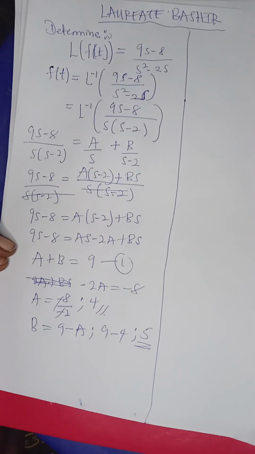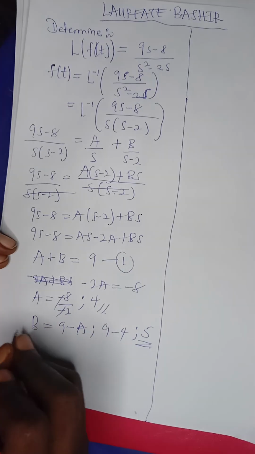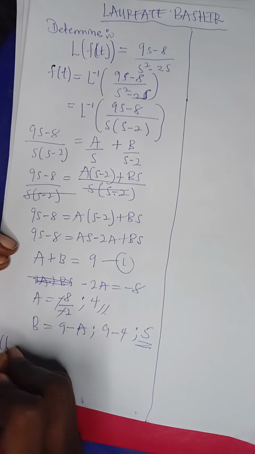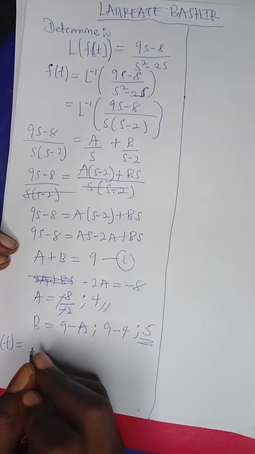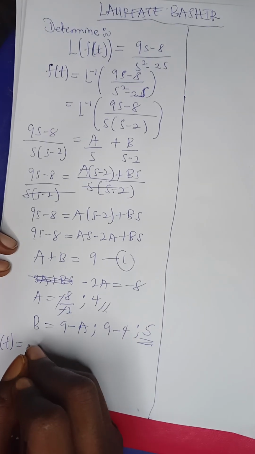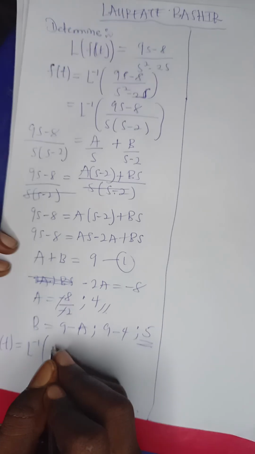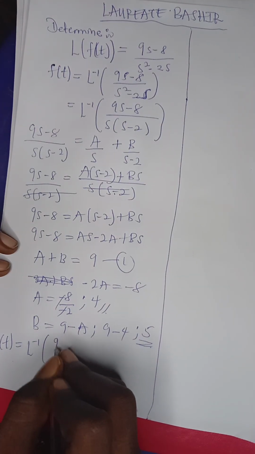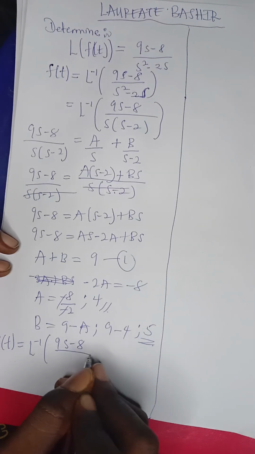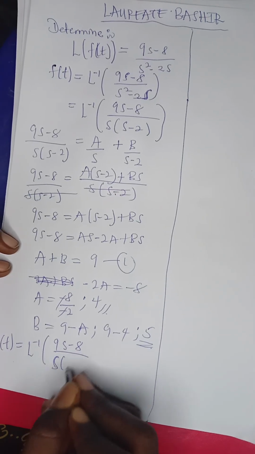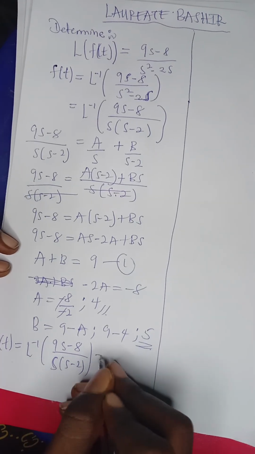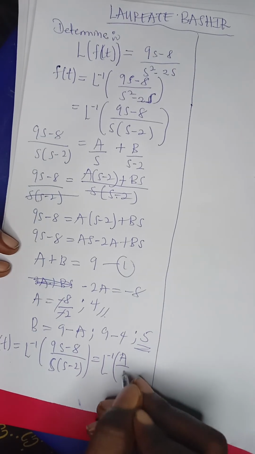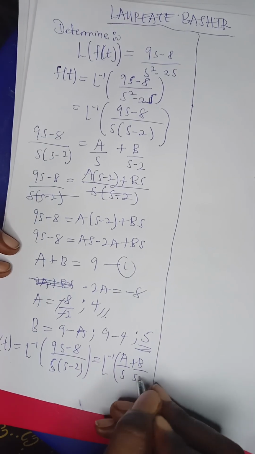Now go back to your expression. So f of t is now equal to the Laplace inverse of 9s minus 8 over s into s minus 2, which is the same thing as the Laplace inverse of A over s plus B over s minus 2.